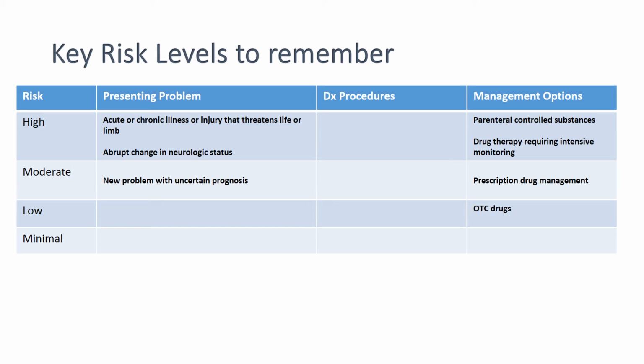Abrupt changes in neurologic status is high. A new problem with an uncertain prognosis is moderate. Management options, things like parenteral controlled substances or drug therapy requiring intensive monitoring, are high, and the management of any prescription drugs really qualifies as moderate medical decision-making risk.